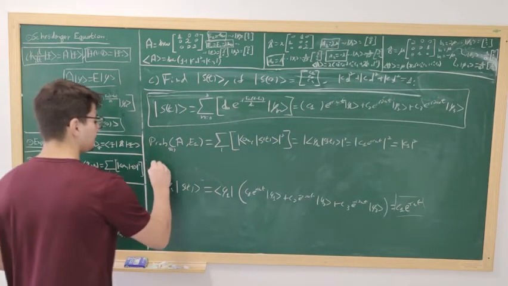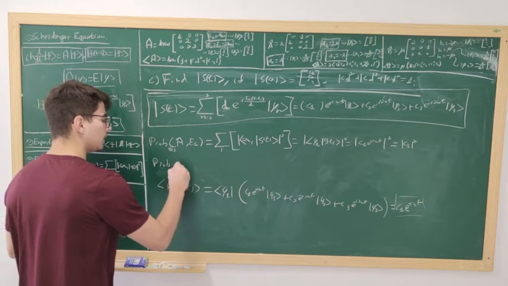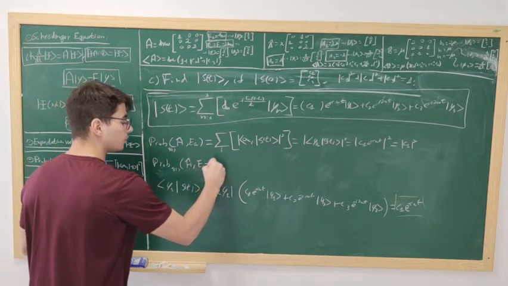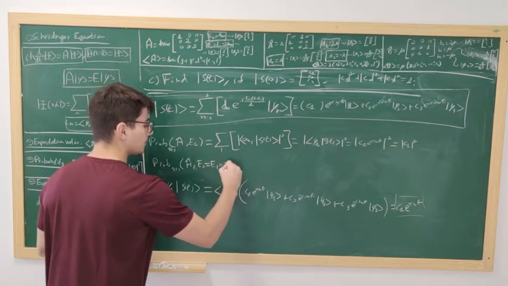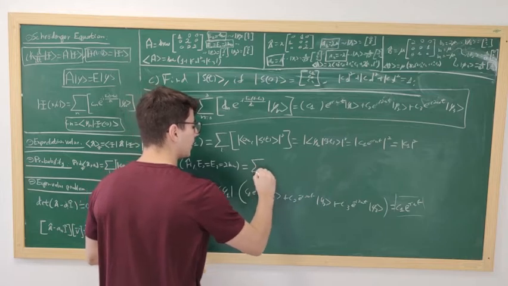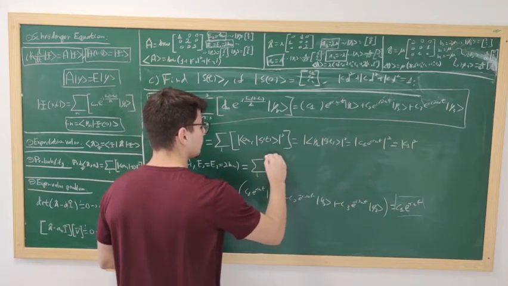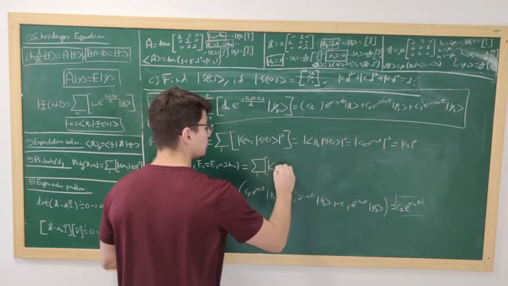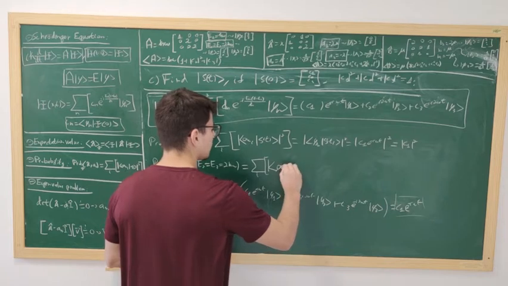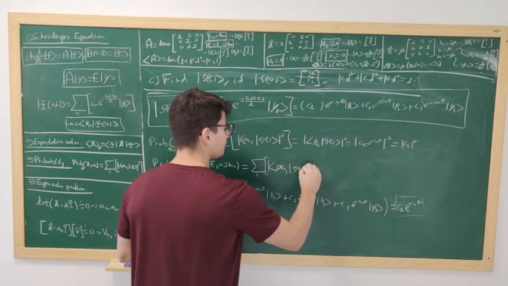Likewise, what is the probability of obtaining E2 or E3, which are just the same values? Well, we have to sum over i all the eigenvectors. Let me just write this like this, with psi(t).